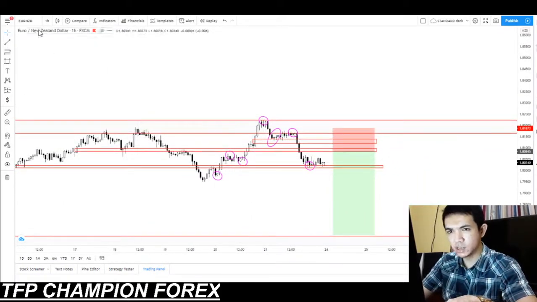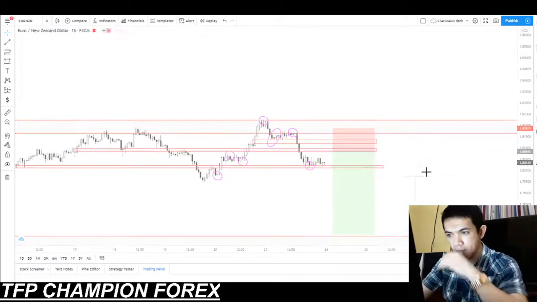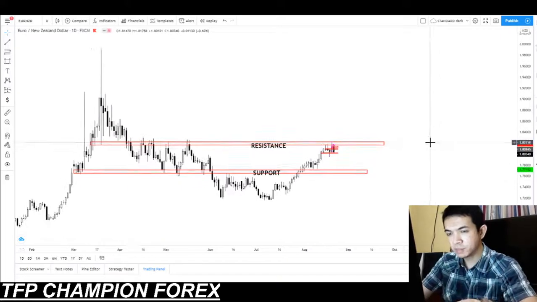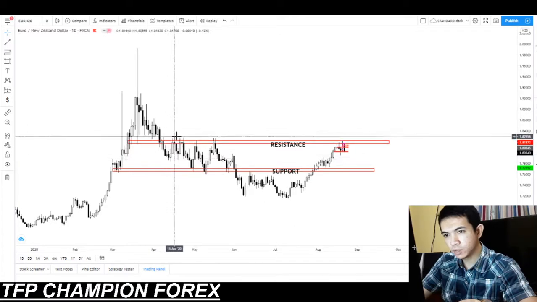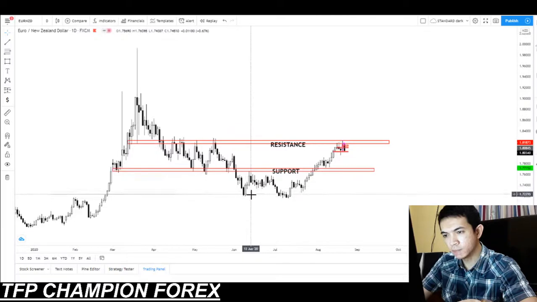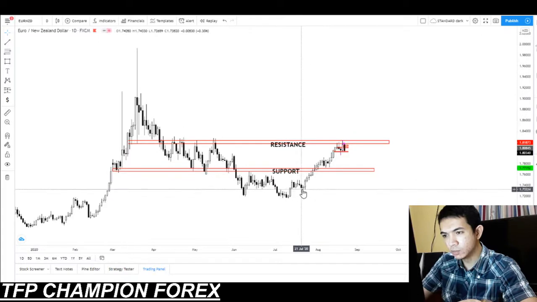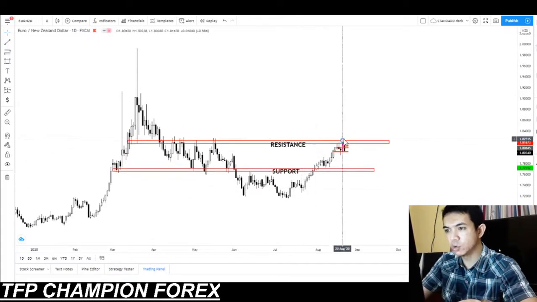So again, just a recap. We have seen the market going down, forming a low, lower high, low, lower low, lower high, lower low, lower high. And then at this point, the market formed a higher low and then a strong impulse going up. So we expect the market for a correction or retracement, forming again another higher low.